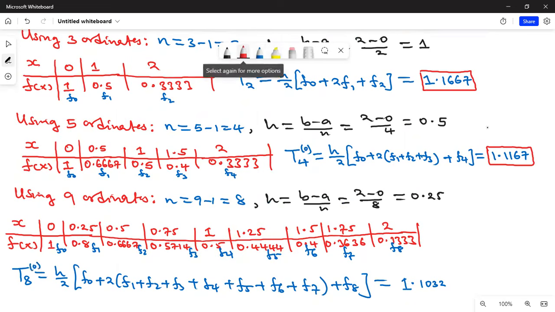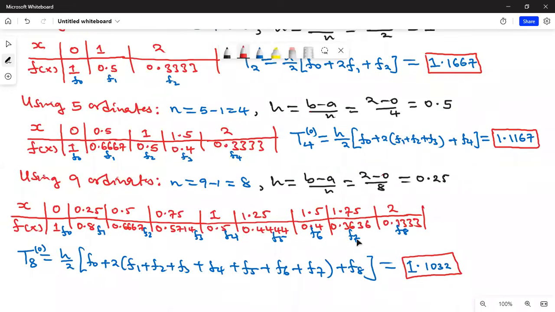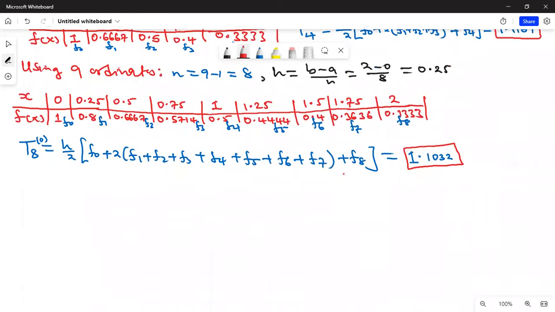So we have found initial estimates using the trapezoidal rule. Now we want to improve these approximations by using Romberg integration. So now you write here Romberg integration.